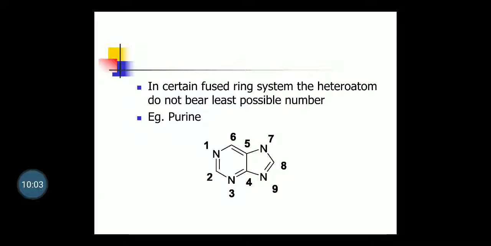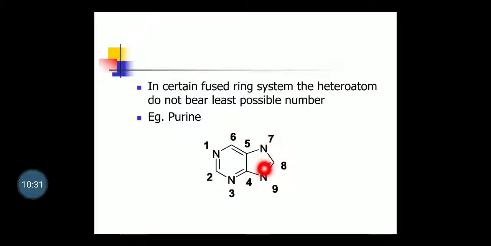Now purine is a fused ring structure. If we analyze this structure, this is the 6-member ring, 2 nitrogens are there, and the relative position of nitrogen will be 1 and 3, whereas this is again a 5-member ring having 2 nitrogens, and the relative position of nitrogen will be 1 and 3. As far as the naming, this is a pyrimidine, and this ring is called imidazole.